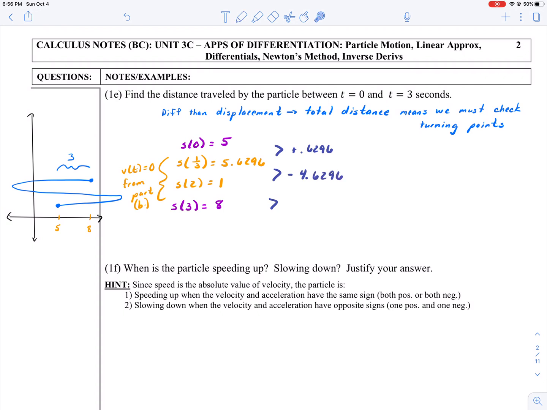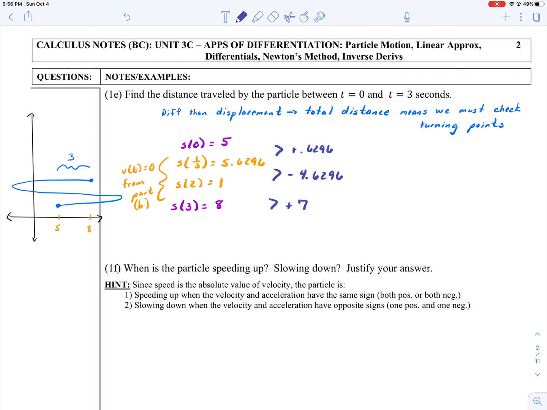Again, we're just looking for the difference, so as long as I subtract, I'll get the right answer. This minus this, this minus this. And then I've got 8 minus 1, which is, of course, 7 units back to the right.